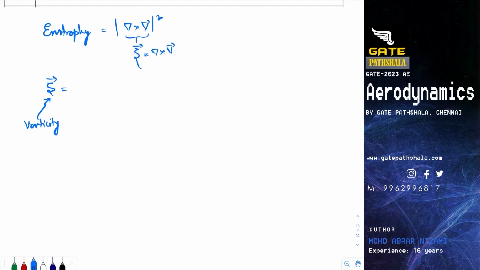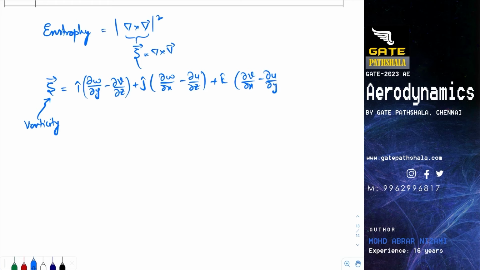The vorticity is given by I cap into dou w by dou y minus dou v by dou z, plus j cap into dou w by dou x minus dou u by dou z, plus k cap into dou v by dou x minus dou u by dou y.